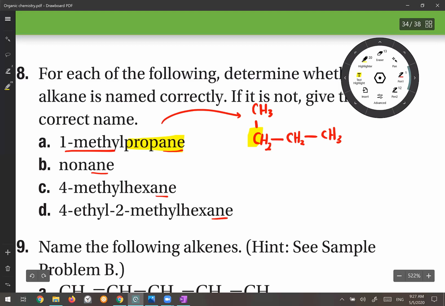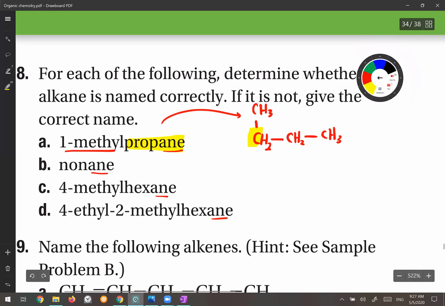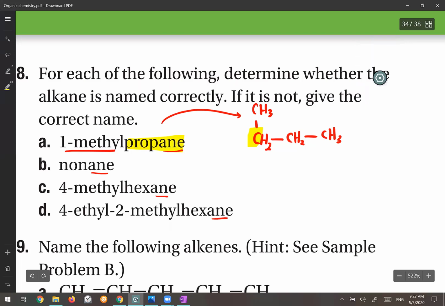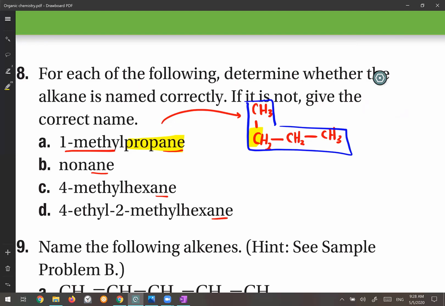Is this the correct name for this structure or not? Can we say just like butane? Take it all as the chain? Yeah, so all of them are actually in a straight chain, okay? So this is the hydrocarbon, this is the alkane, which doesn't have any branch at all. So on the first position, you cannot have the branch, because if you have anything here, it's included in the parent.